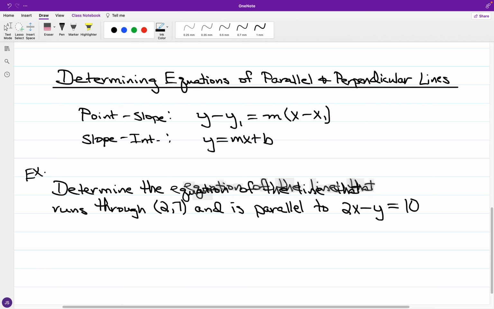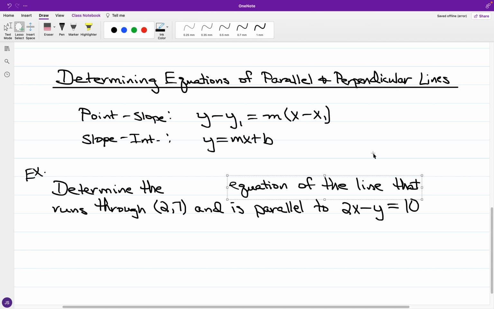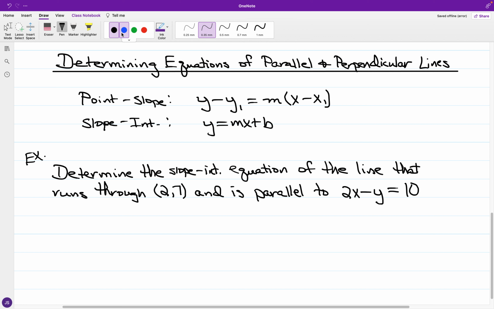Wish I had put this out further, but there we go. Determine the slope-intercept equation of the line that runs through (2, 7) and is parallel to 2x minus y is equal to 10.